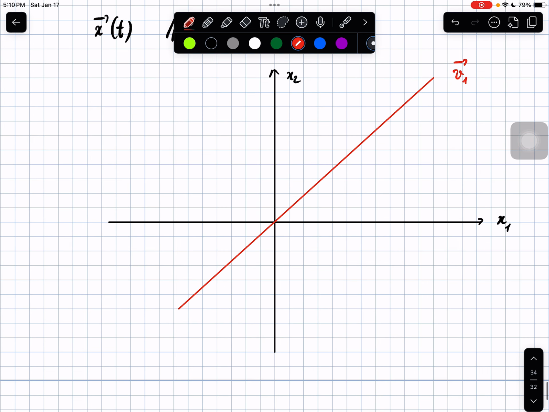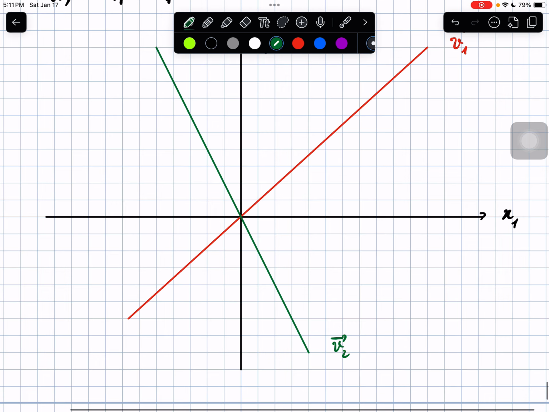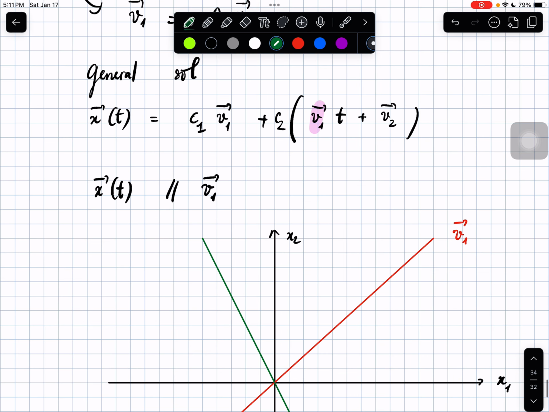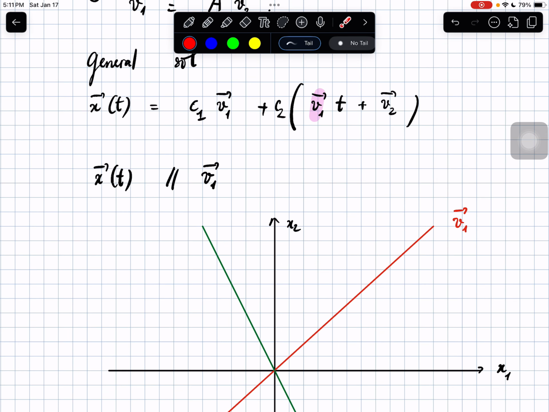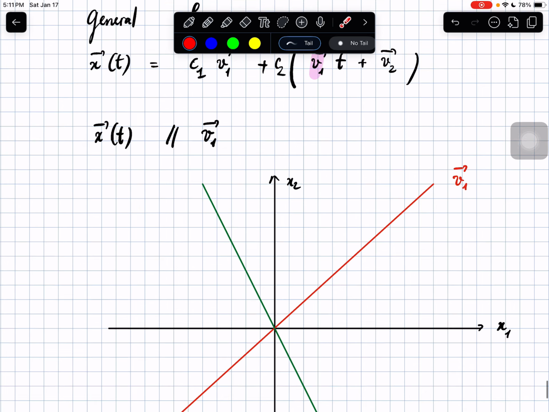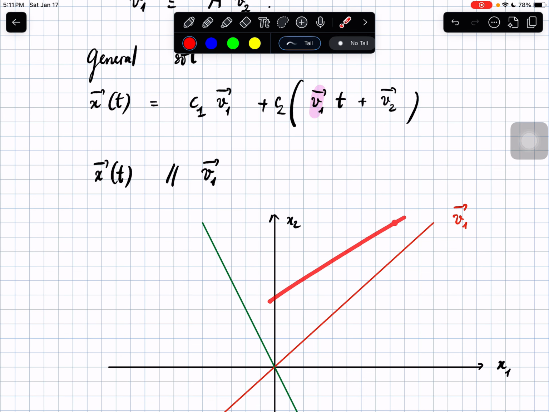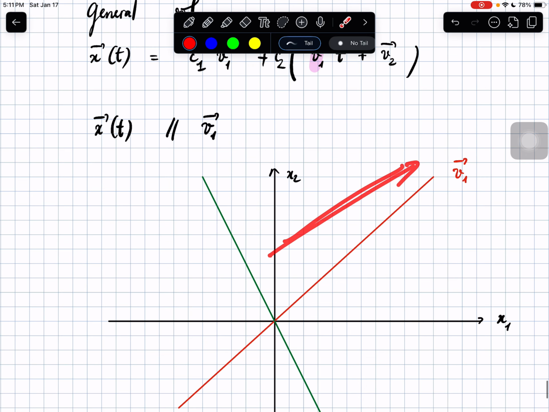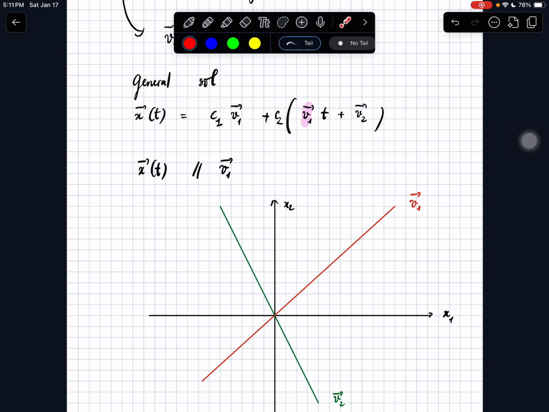Assume we have this V2, which gives us the other line, the generalized one. So now we have c2 times V1 times t plus something, parallel to V1 plus something.